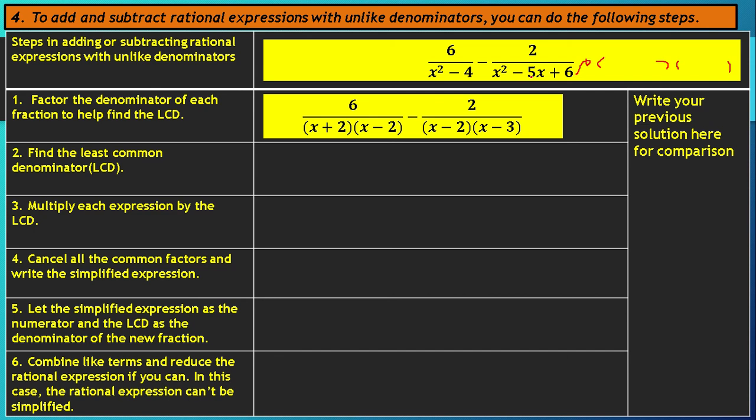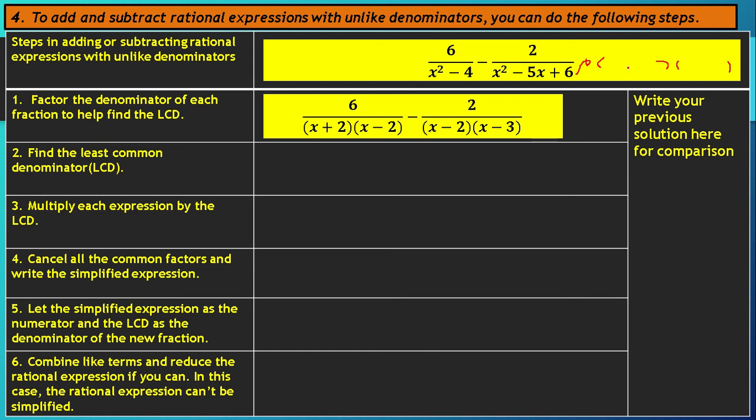So ano yung mga factors ng 6? For example, 3 times 2. 3 times 2 is 6, but 3 plus 2 is not negative 5. Negative 3 and negative 2. Negative 3 times negative 2 is positive 6. Negative 3 plus negative 2 is negative 5.